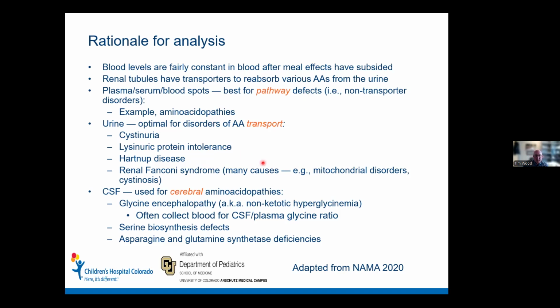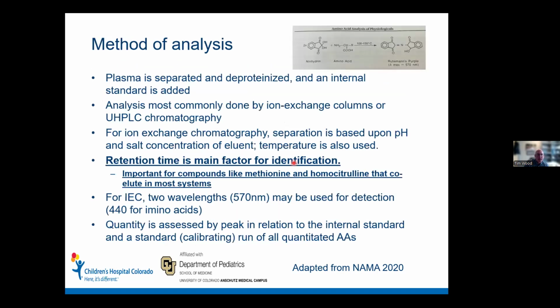So the historical way that we did this was using a kind of big laundry washing machine type instrument called an amino acid analyzer. I'm going to tell you a little bit about how that works, and then we'll move on to some of the newer technologies. When we do this, we typically take a plasma sample, although it works the same way with urine.